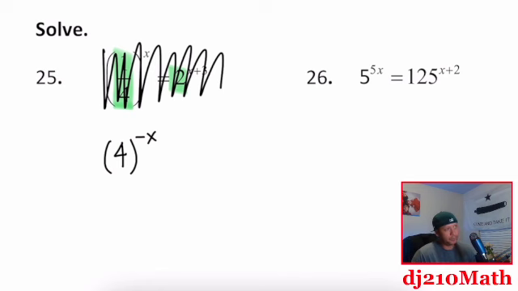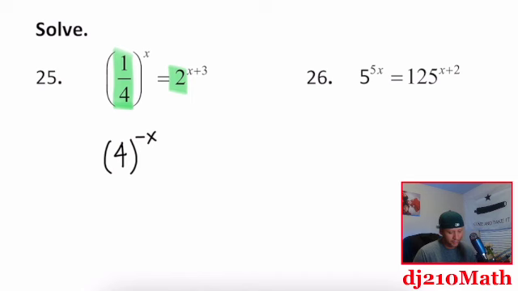So that means I got to move whatever the exponent is being applied to the bottom, and the negative will actually go away. So then you'd have 1 over 4 to the positive x, and that's what we have up top. Okay, we're getting close, because then this is equal to 2x plus 3.